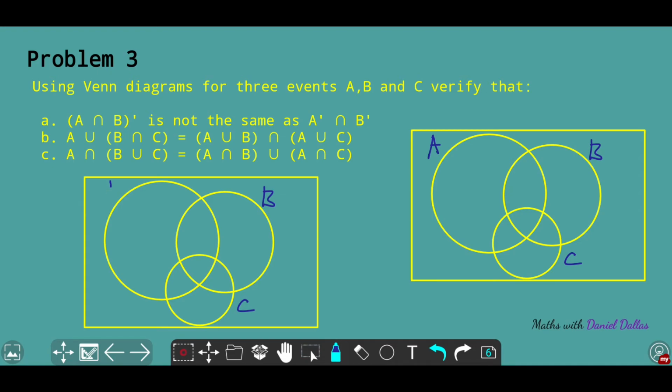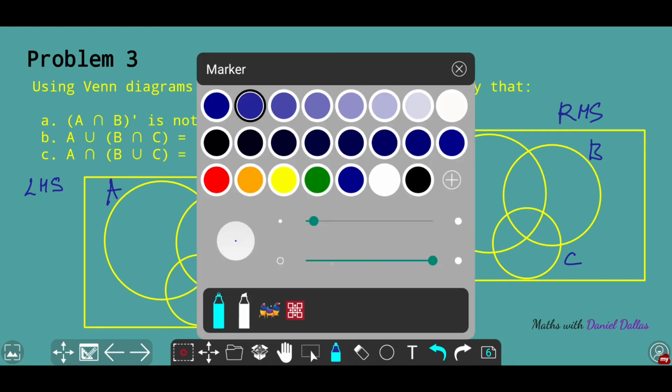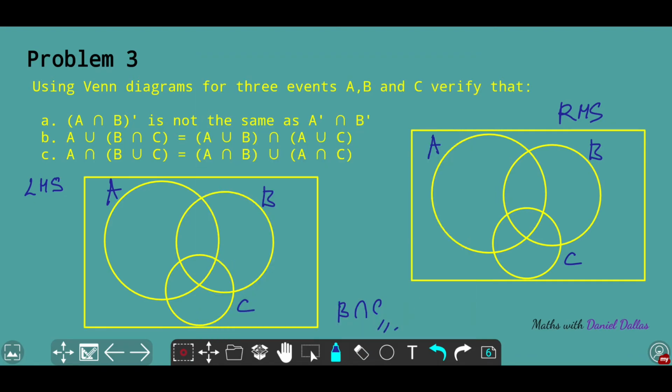Except for letter A. Let it be this for the left hand side, and this is going to be for the right hand side: B intersect with C. I'm going to use this type of shading for B intersect with C in this part.